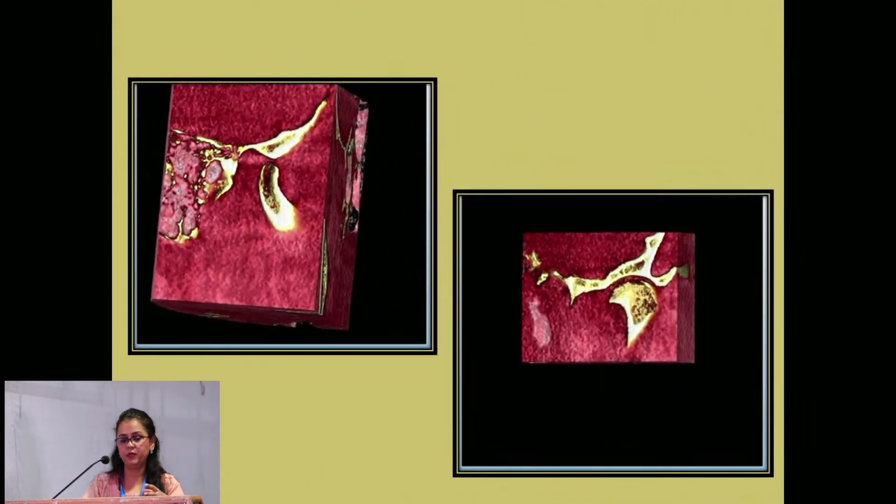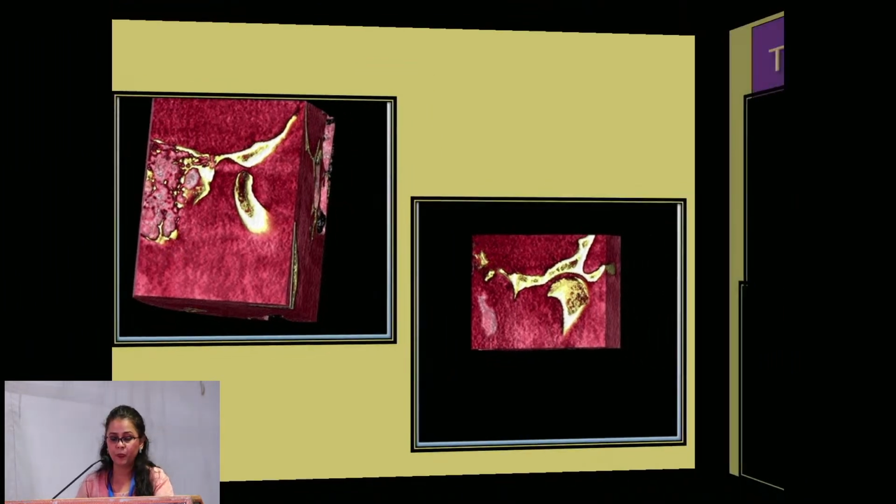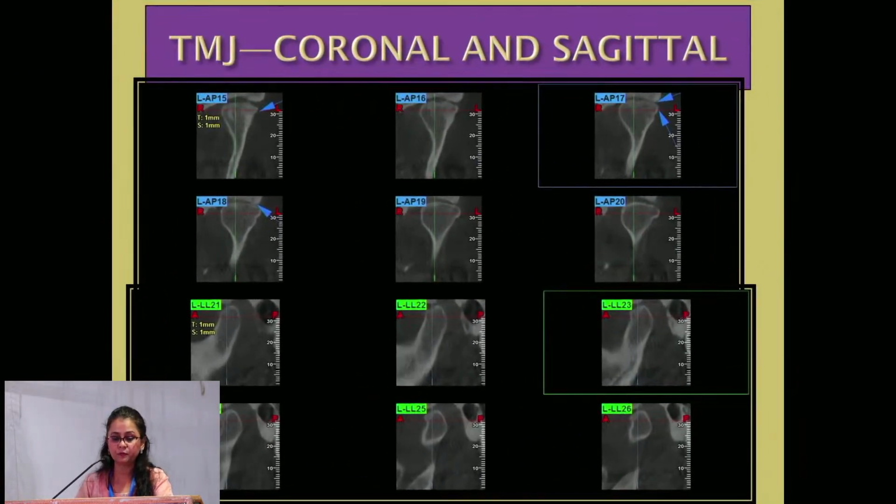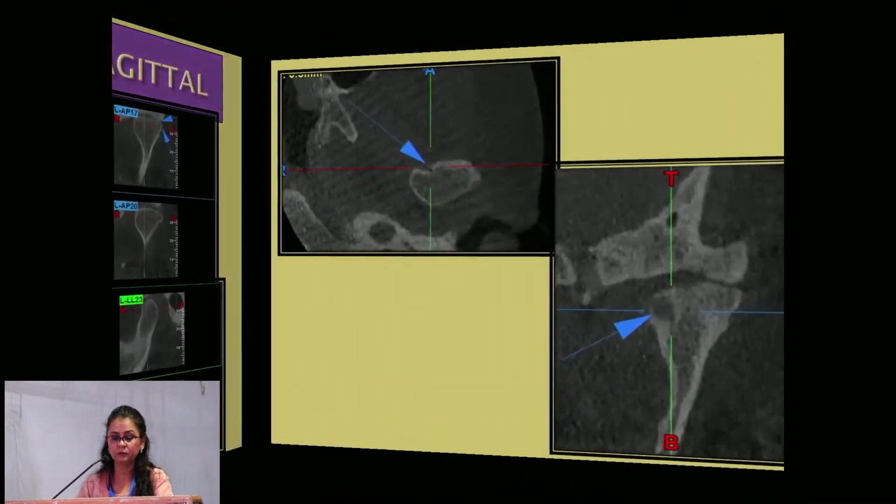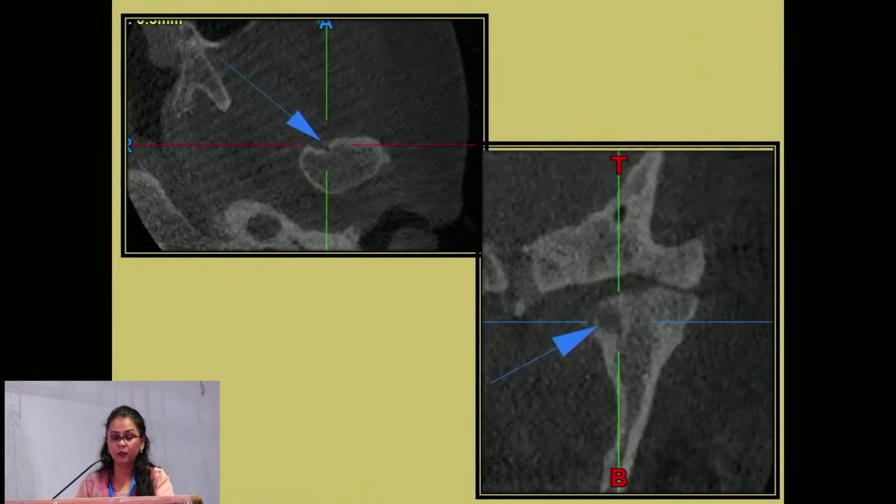This is a very old case, and I see the morphology and the position of the condyle just below the articular eminence. As far as CBCT is concerned, you can comment only on the joint space and the angulation. You have the destruction that you see here.